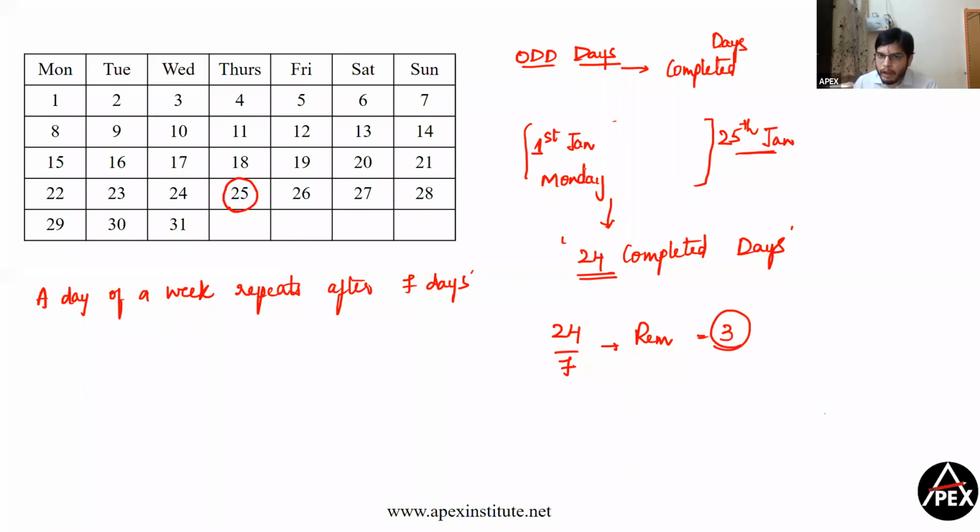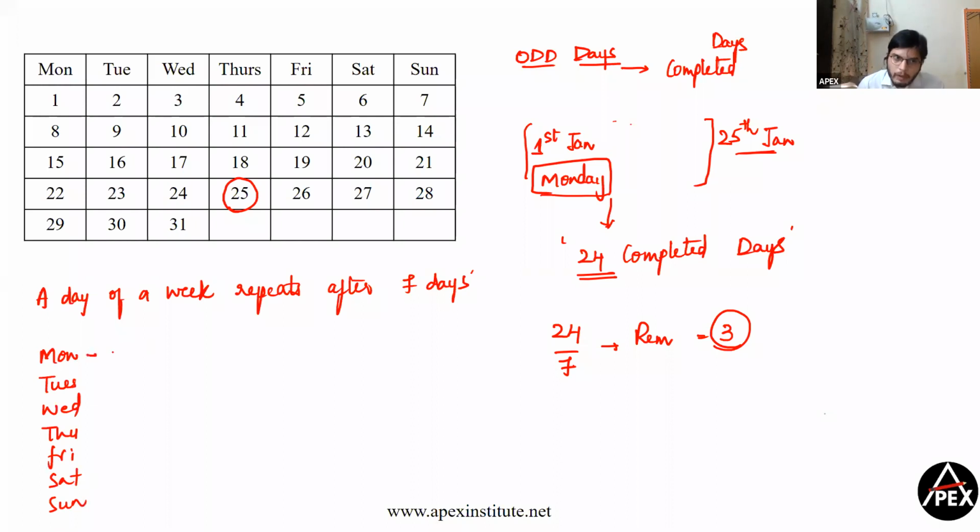Okay, now we are given a reference date, which is Monday. So add 3 to Monday. If you add 3 to Monday, then what will you get? Monday plus 3, Thursday. Or you can also do one thing: Monday, Tuesday, Wednesday, Thursday, Friday, Saturday, and Sunday.